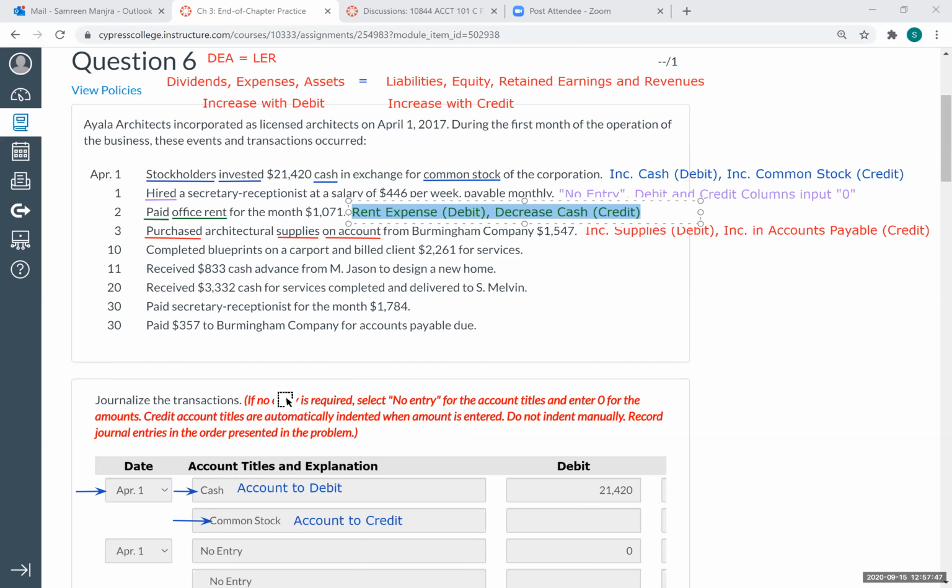All right, so our next transaction here, on April 10th, the company completed blueprints on a carport and billed the client for services. So right here, we know that we have completed services.